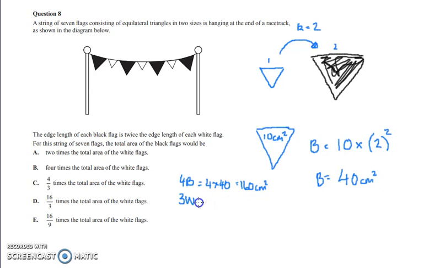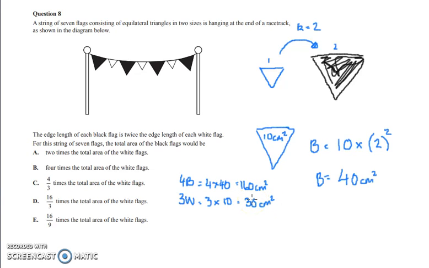And for the white flags, we've got 3 of those, and we started with the value of 10 centimeters squared, which would be 30 centimeters squared. So what we're doing now is comparing these 2 areas, the area of the black flags and the area of the white flags.